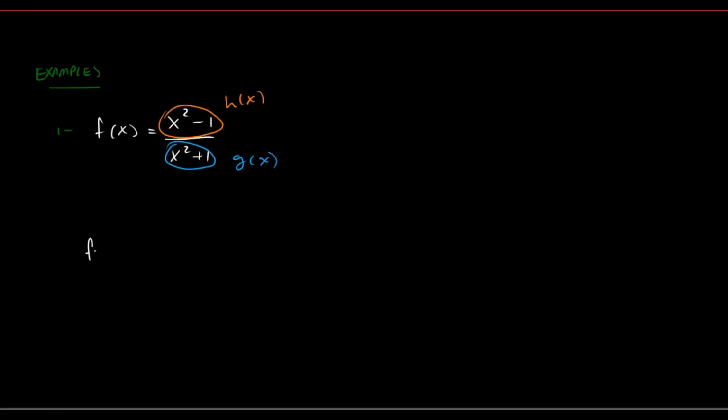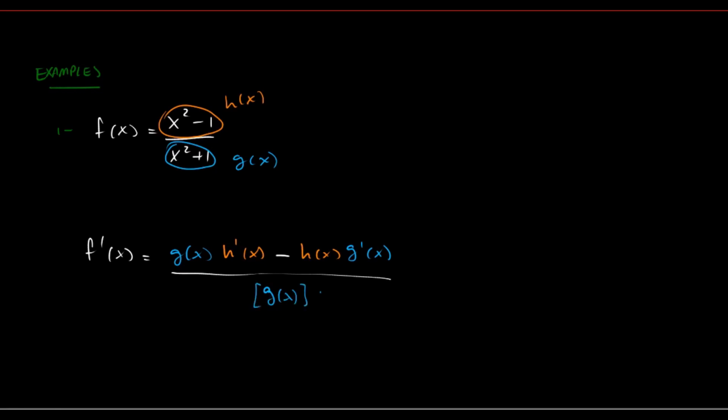So what we just saw was that the derivative of f was going to be g of x times h prime of x, minus h of x times g prime of x, and all this divided by the one in the denominator, that is g of x squared.